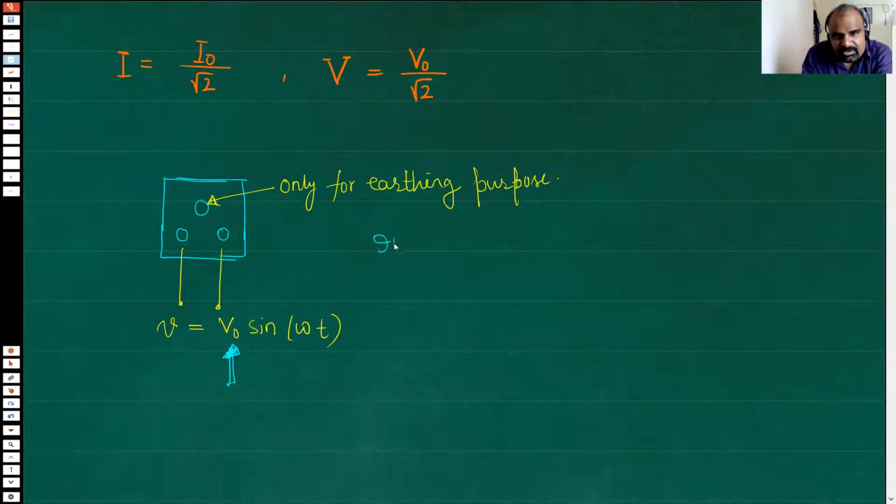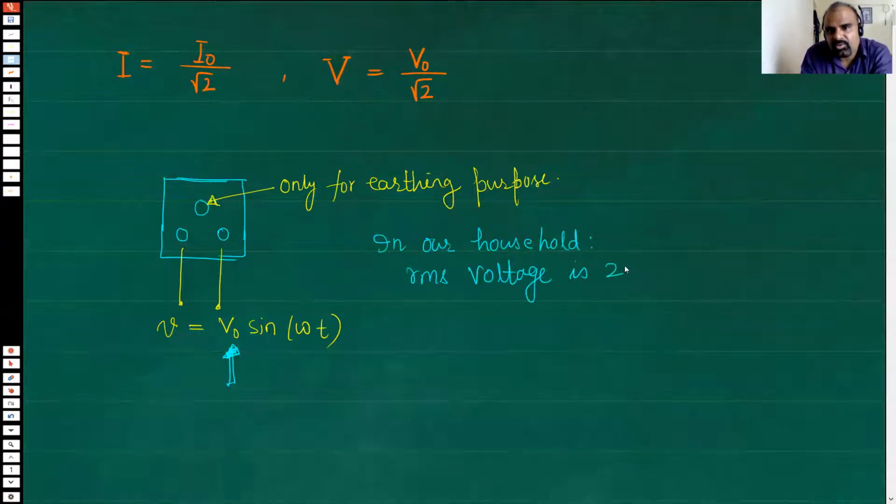Okay. So in our household, Sir, is it root 2? Exactly, root 2. RMS voltage is 220 volts. So that means peak voltage will be how much?